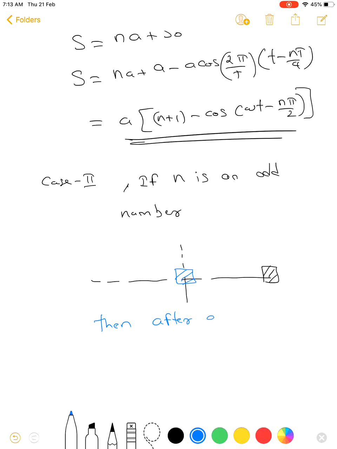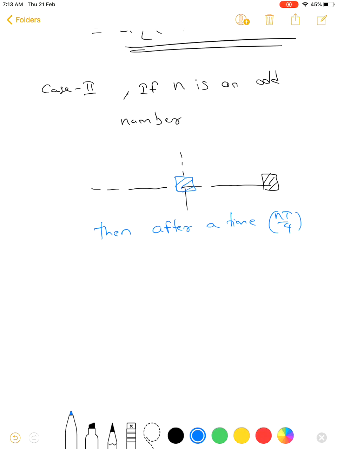after a time that is equal to n times T by 4, the particle is at the mean position.